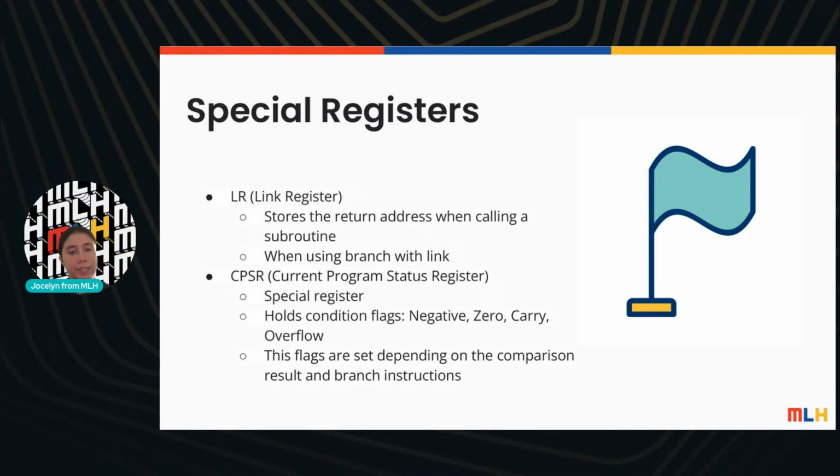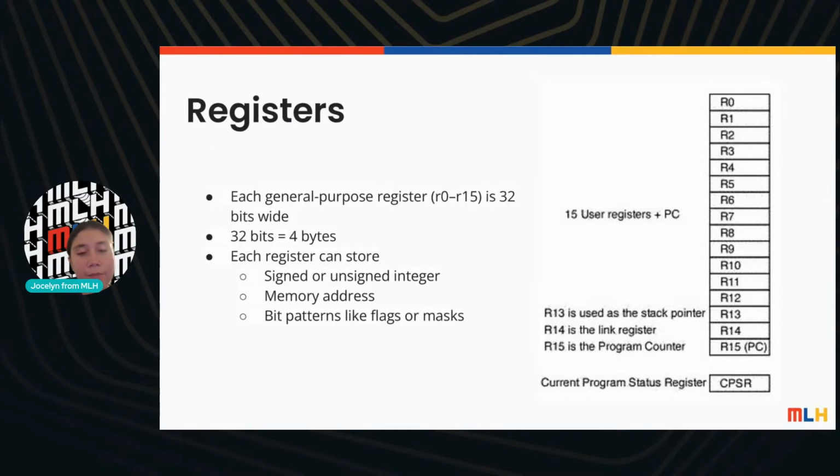These flags are set depending on the comparison result and branch instructions, which come from the code that you are writing. So everything that's going to be stored in these registers is up to you. That's something you do in your code. If you say, okay, I want to store the number 5 in register number 3, that's something the programmer has to do, in order to store and play around with these things in here.